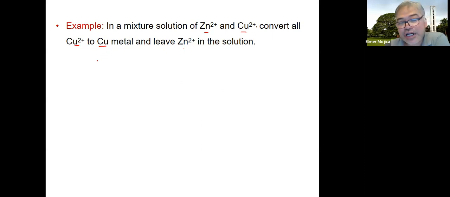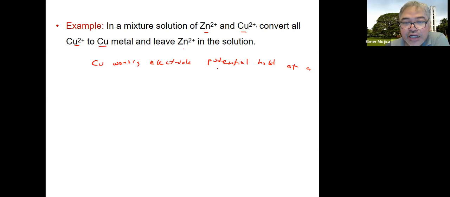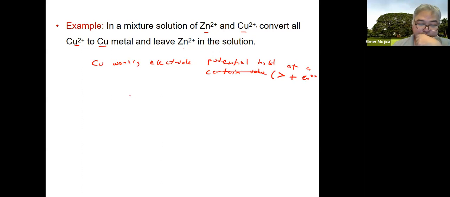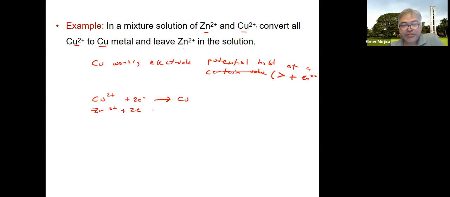We can have the copper acting as a working electrode. We hold its potential at a value more positive than that for the reduction of zinc 2+. In that case, only this one will happen, and this one will not happen.